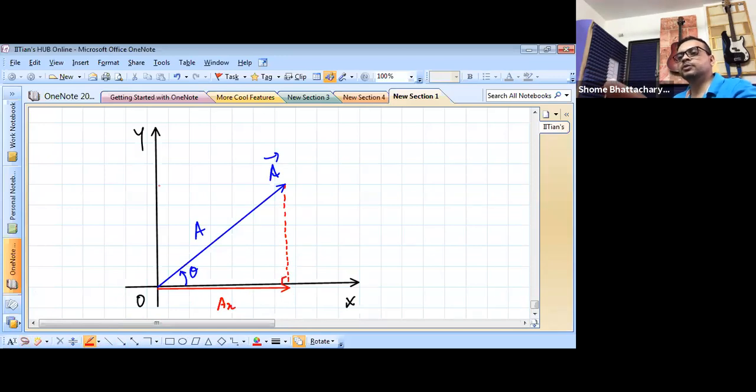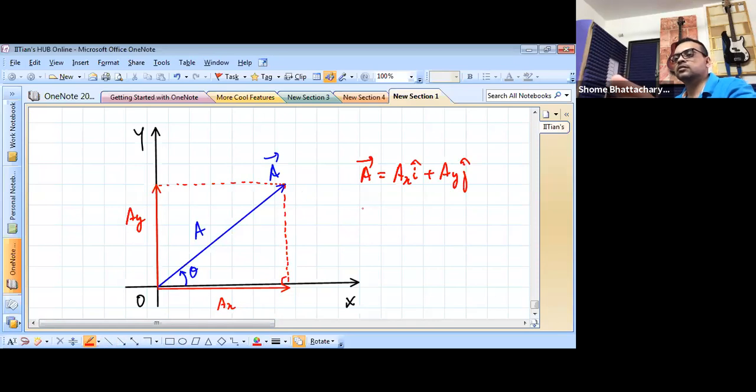And similarly, if I drop a perpendicular on the y-axis, then I can represent this length from the origin or the base of the vector as the quantity Ey. And therefore, I can represent the vector E as the sum of this vector plus this vector. So it is Ex I cap plus Ey J cap.